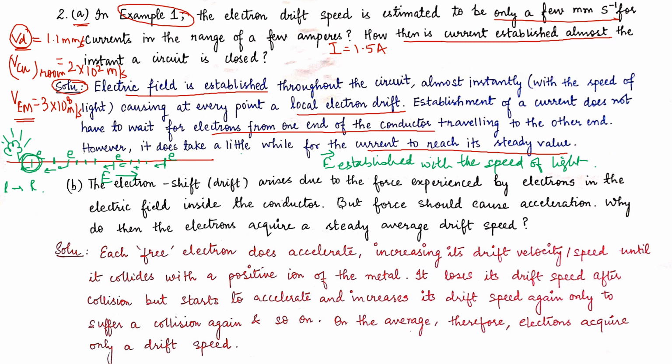Now, for all the electrons to drift in this direction, it will take a little time. So initially the current flowing through this circuit will be unsteady.